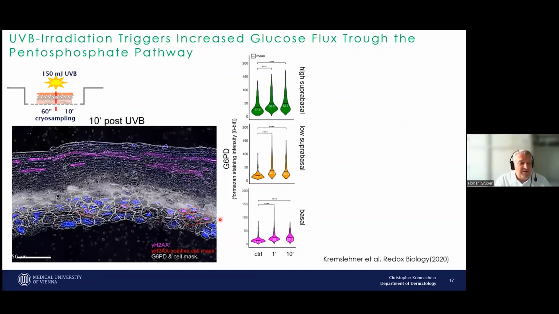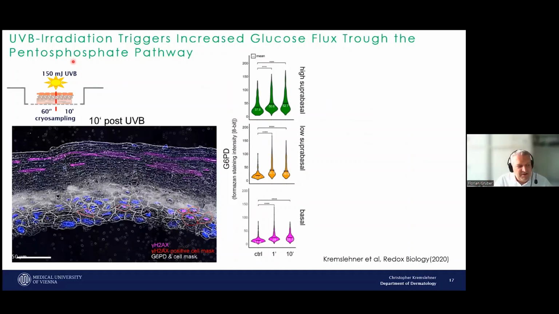For the first approach, 2 years ago we showed that you can see whether the UVB irradiation of epidermis, in that case an epidermal equivalent, would affect the glucose metabolism in situ, so whether it would transfer glucose through the pentose phosphate pathway.